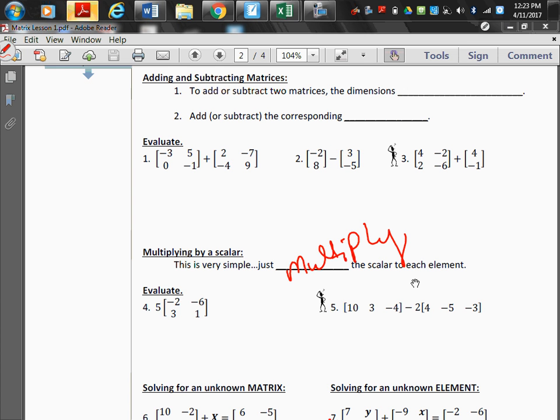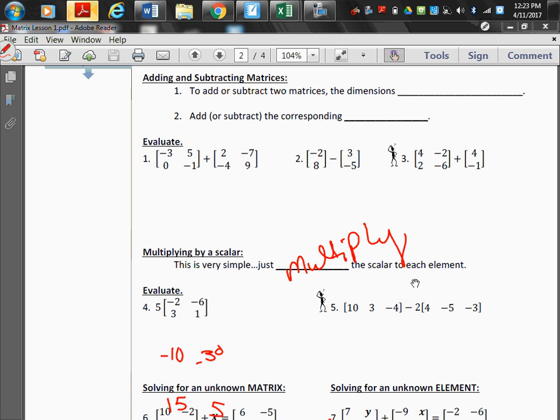All right, so 5 times -2, negative 10. 5 times 3, 15. 5 times -6, -30. 5 times 1, 5. And that is your answer.